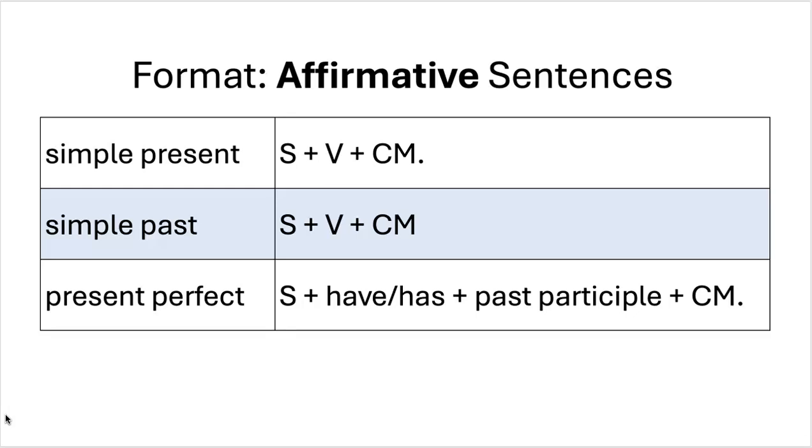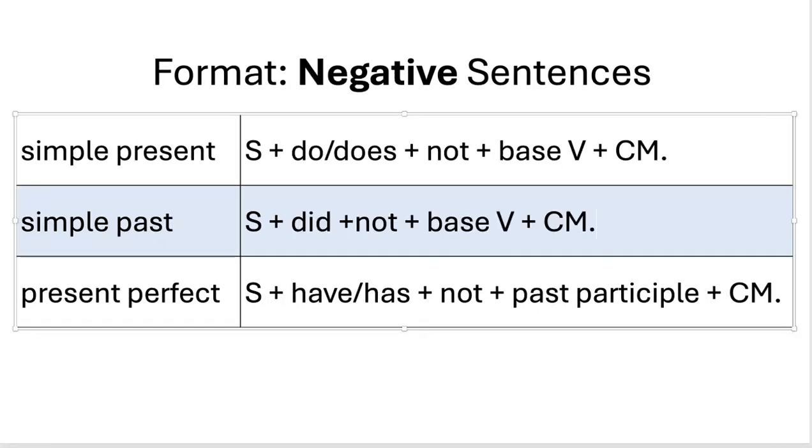All of the sentences I've given you so far have been in the format of affirmative sentences. Let's look at the format for negative sentences. Again, the simple present and the simple past mirror each other.